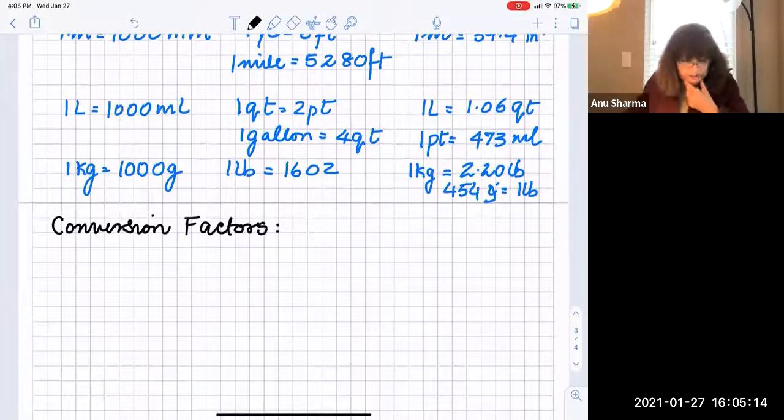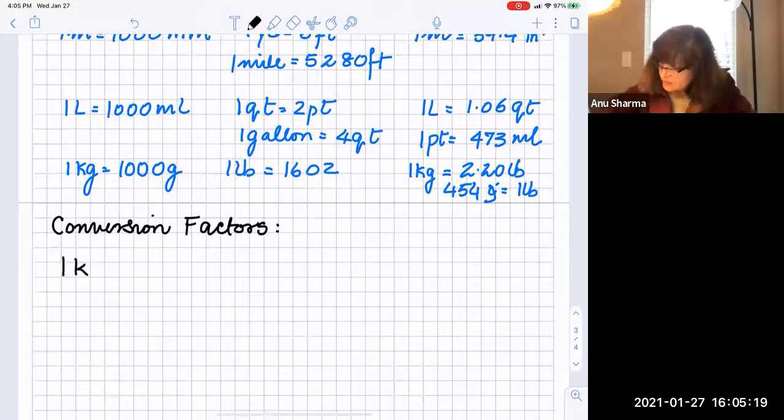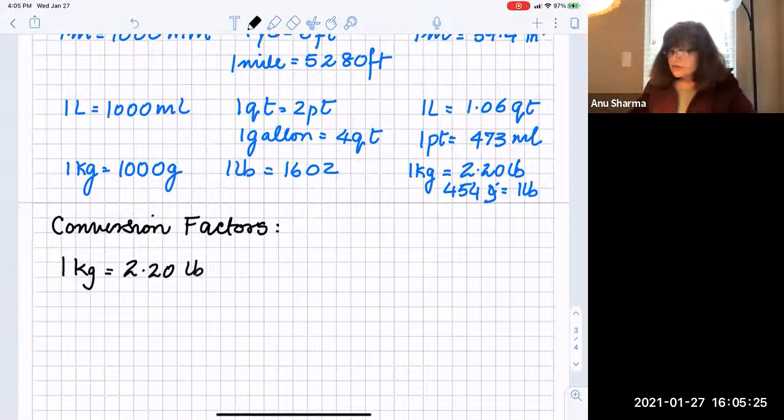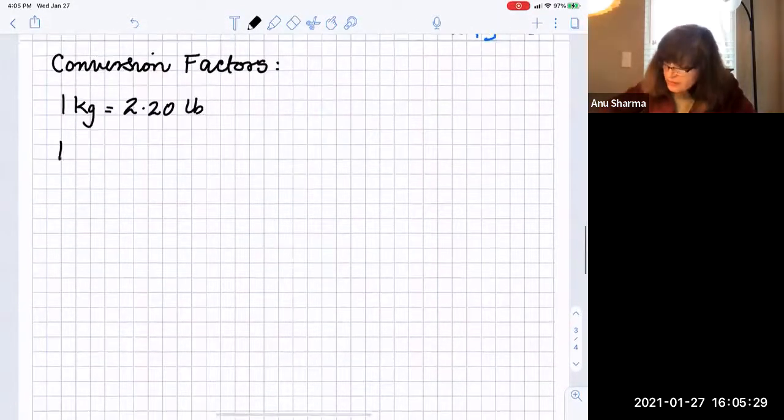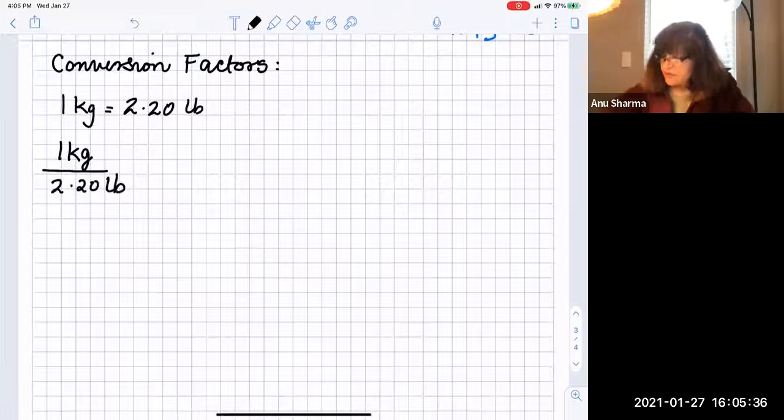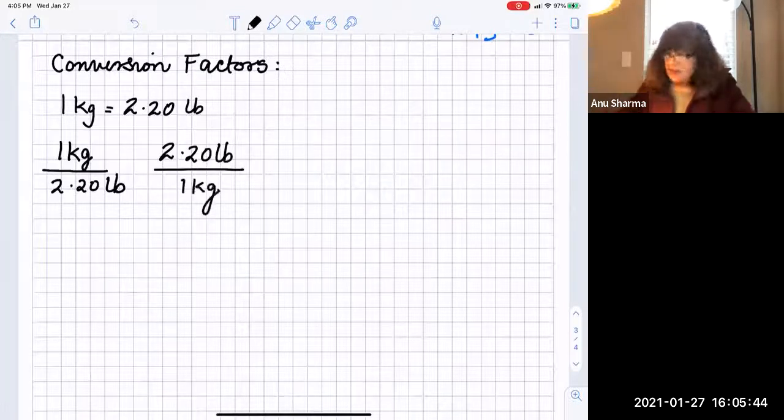So now let's look at it this way. We have 1 kilogram. 1 kilogram is equal to 2.20 pounds. Okay. So what are the conversion factors? The conversion factors are 1 kilogram over 2.20 pounds. The other conversion factor is 2.20 pounds over 1 kilogram. Okay. Now, why these two?